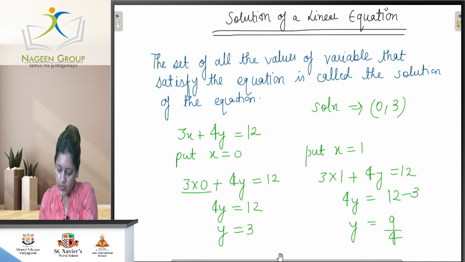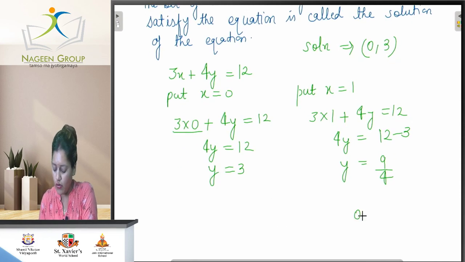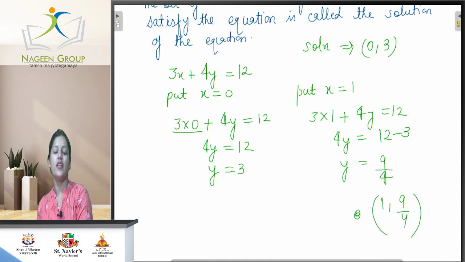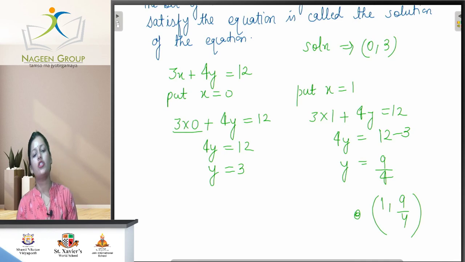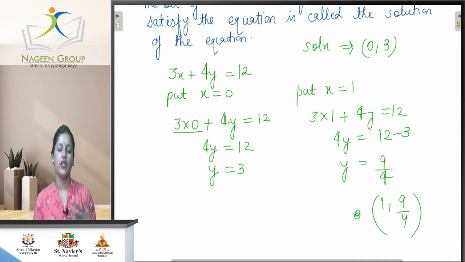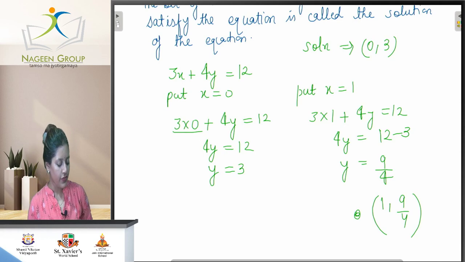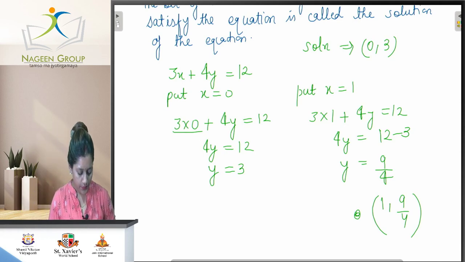So our another solution is (1, 9/4). There is not only one solution of a linear equation, there are many solutions. By putting different values of x as well as of y, we get the solutions of this equation.